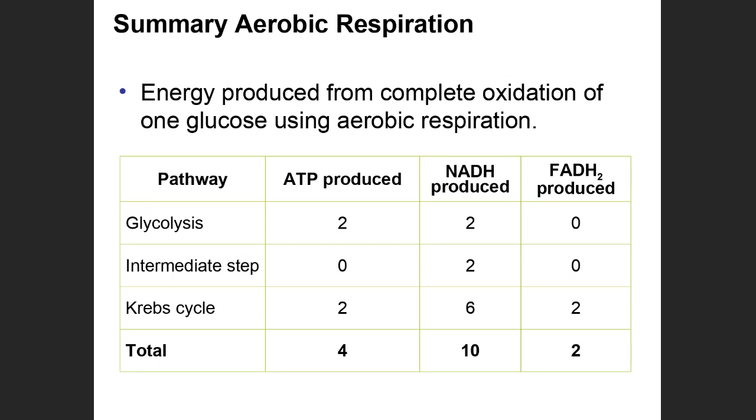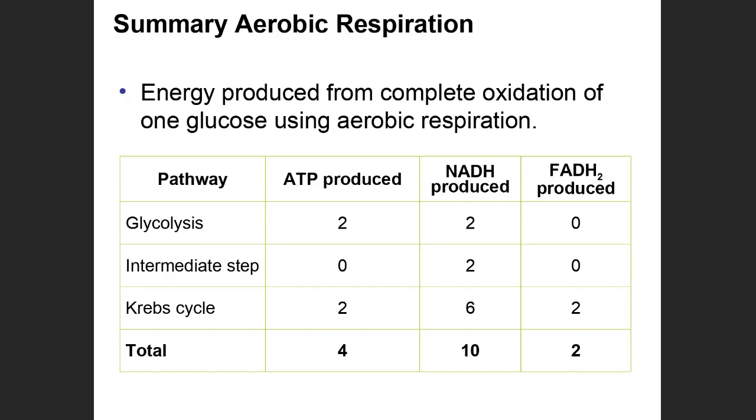So to summarize things, in glycolysis, again, 2 molecules of ATP produced and 2 molecules of NADH. In the intermediate step, that decarboxylation step where pyruvic acid is converted to acetyl coenzyme A, no more ATP is made, but 2 molecules of NADH are produced.